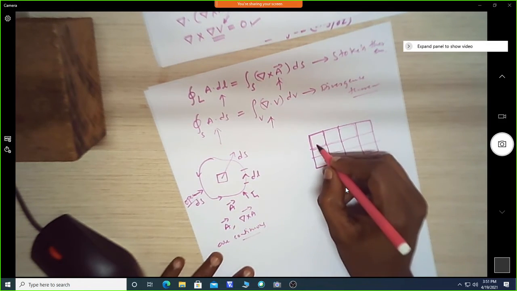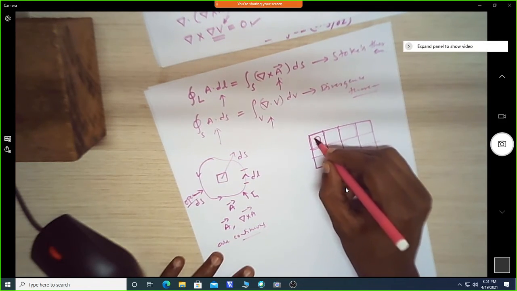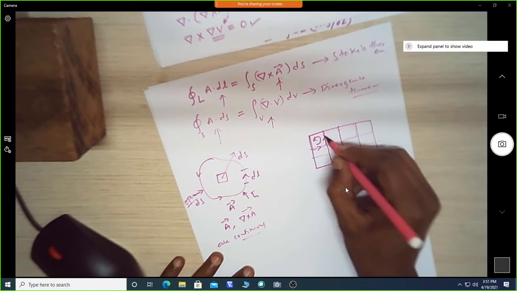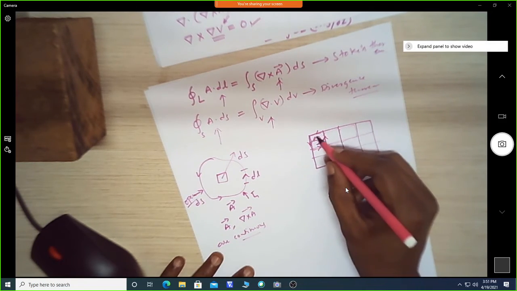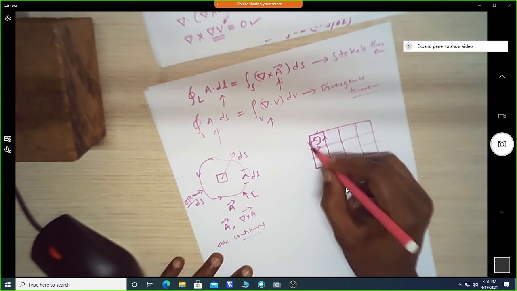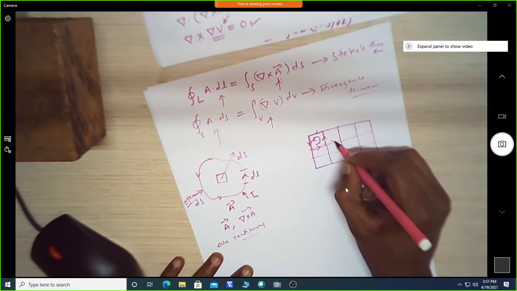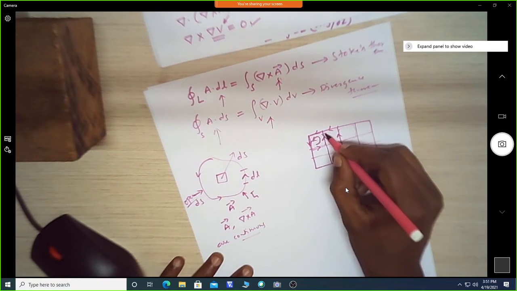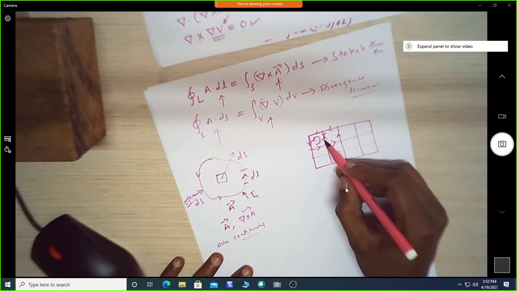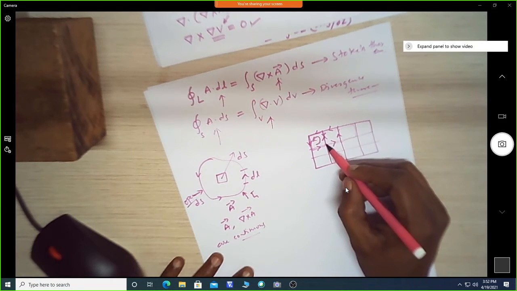Now if I define the circulation for a small line integral, and similarly here also, we can observe that this and this will cancel each other since they are opposite. Similarly, this one will cancel.